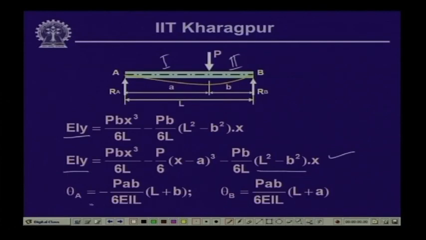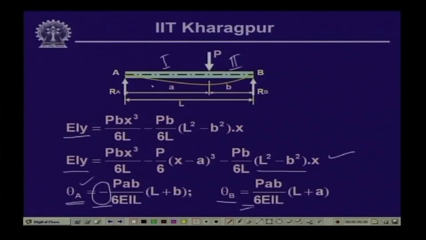Consequently, the rotations at end A is theta a and at end B is theta b, and as I have explained already, theta a is negative and theta b is positive.